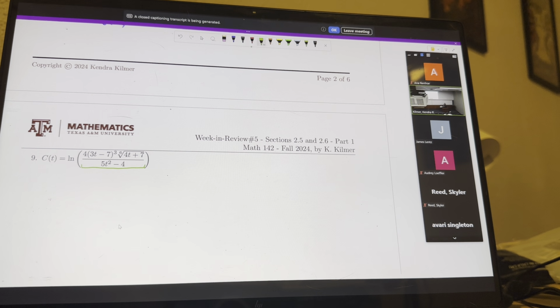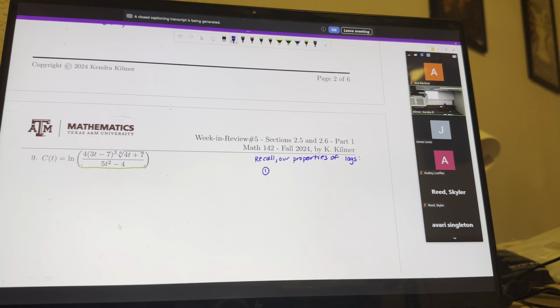All right, and so the way that we can rewrite this is using our properties of logs. Okay, and so this is going to be very important to remember because you don't want to do what I just described, right? That sounds insane. And so we want to recall our properties of logs.